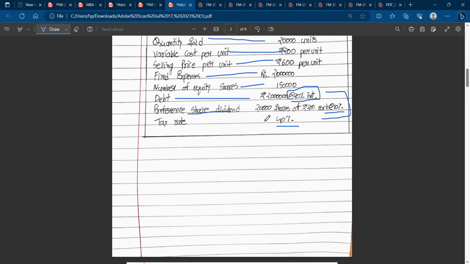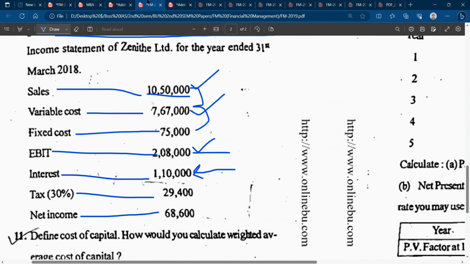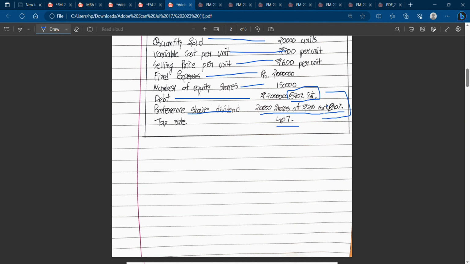The shares are 20,000 shares of 200 each, so multiplying 200 by 20,000 gives the total preference share amount, which is 40 lakh rupees. On 40 lakh rupees we calculate 10%, and the debt was already given as 20 lakhs, on which we calculate 20% interest.